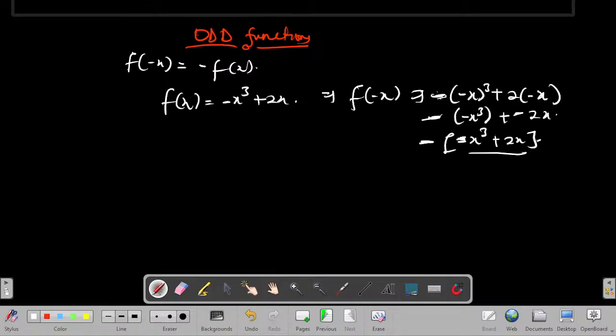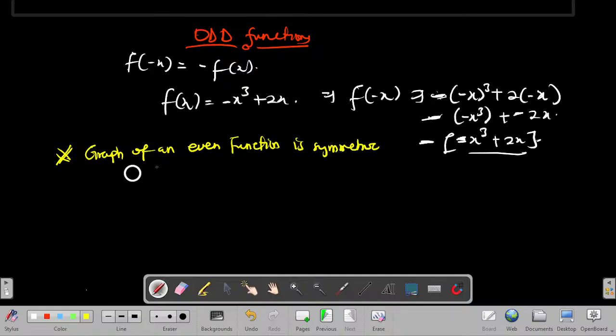So let's give some inferences here before we proceed. Which says that the graph of an even function is symmetrical, or symmetric, about the y-axis.